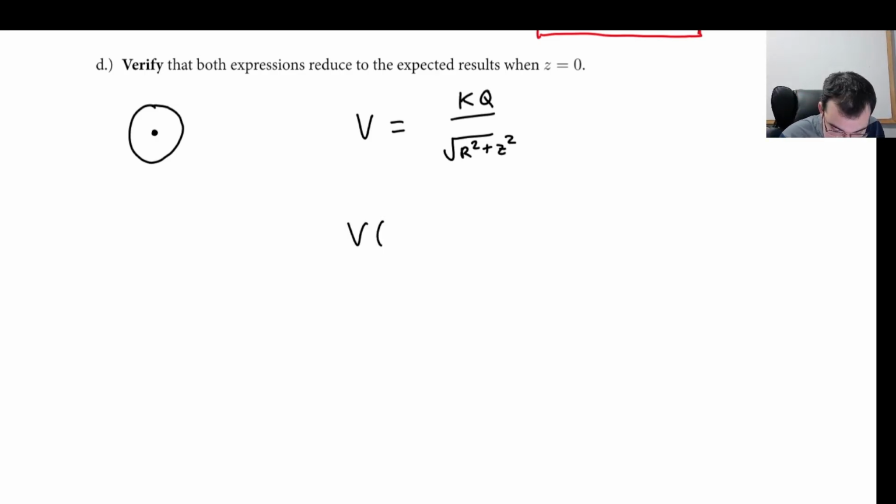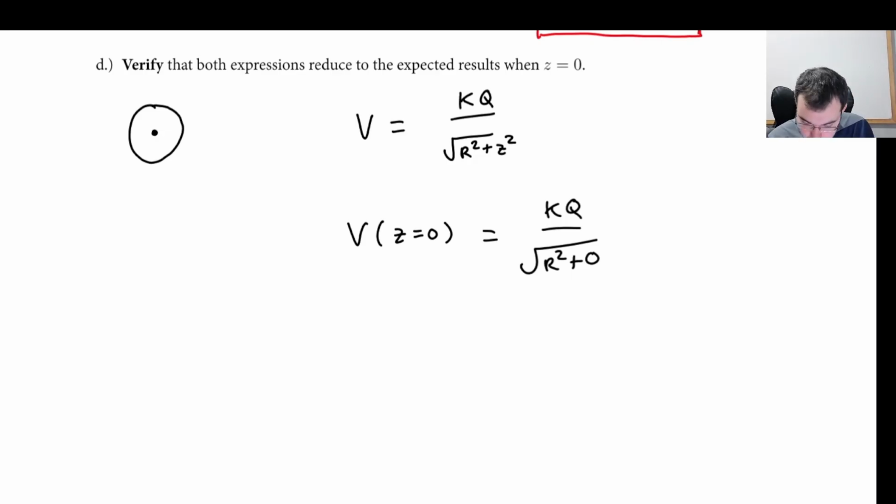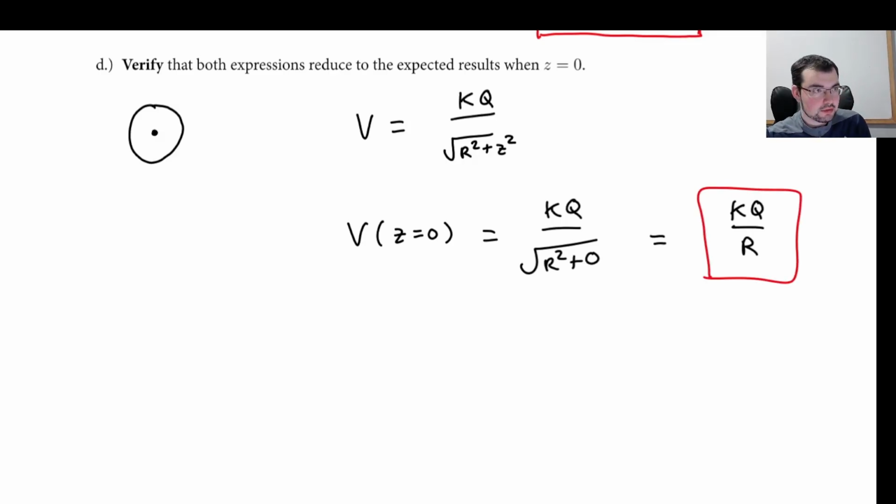So when z is 0, that's kq over the square root of r squared plus 0. And that's kq over r, which is definitely what we expect, because you have a charge q surrounding you a distance r away. That makes sense.